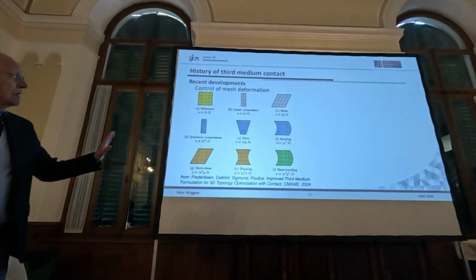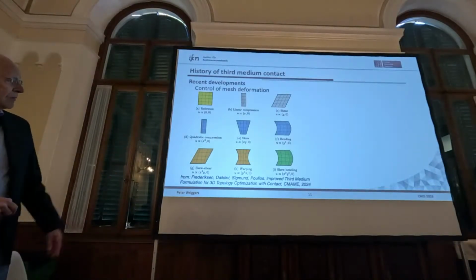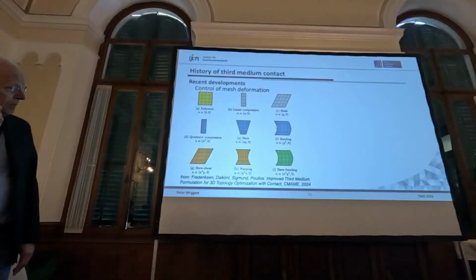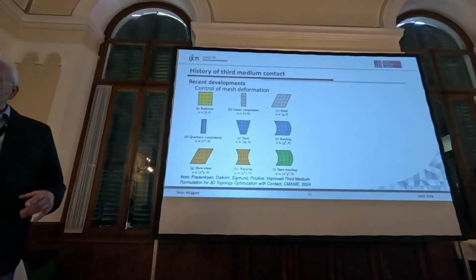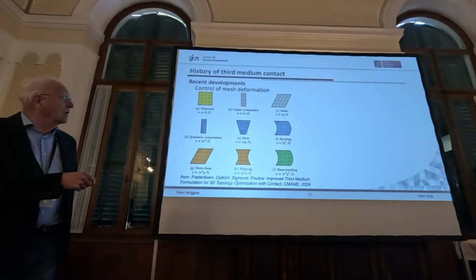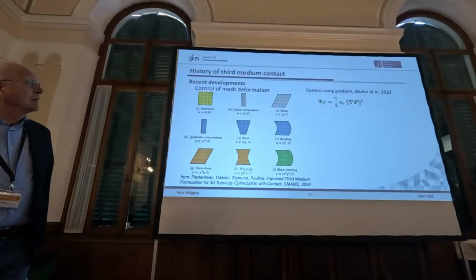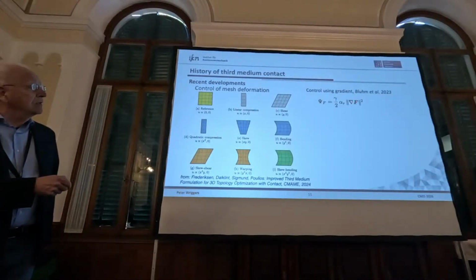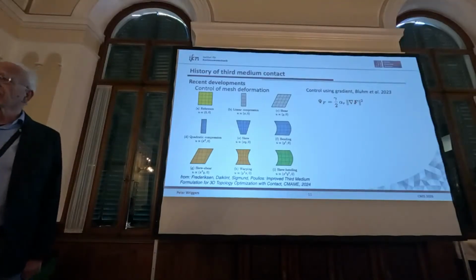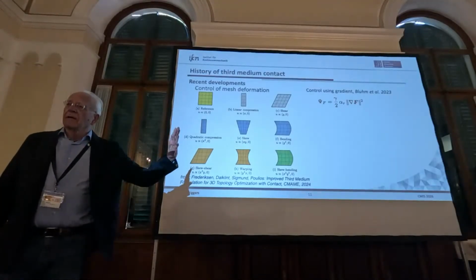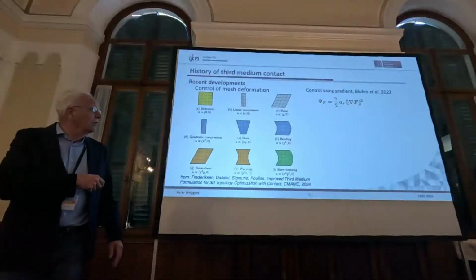So how do you do that? This is something I took out of a paper from them. The idea is you want to constrain the higher order modes of your finite element problem. To do that, you can use the gradient of F. This will help you suppress some of these modes.